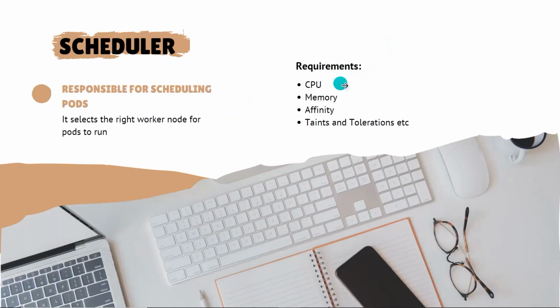For example, I'll specify the CPU, I'll specify the memory, I'll specify the affinity, and I'll also specify the taints and tolerations. So the kube scheduler will take all these requirements into consideration and selects the right worker node for the pods to schedule on.